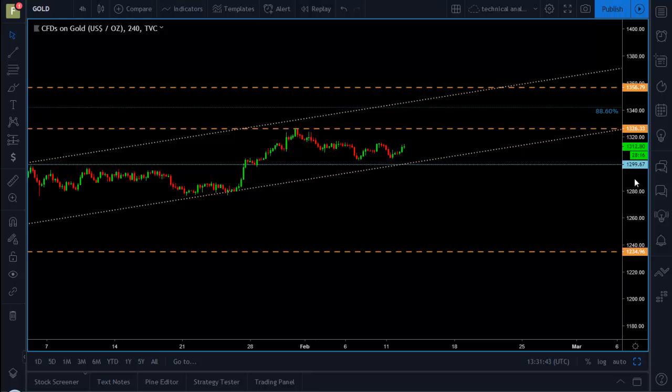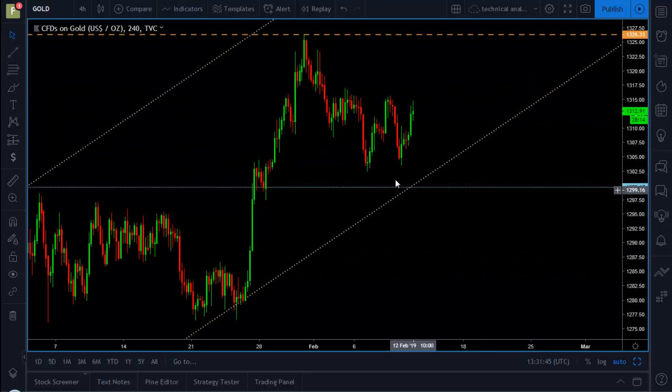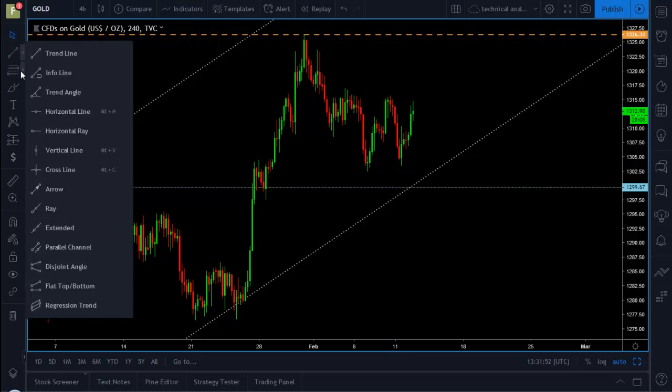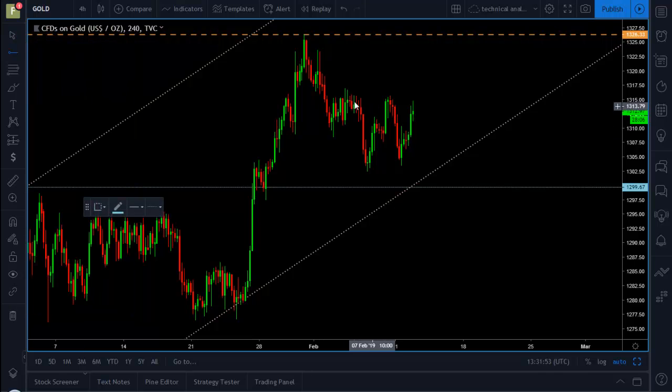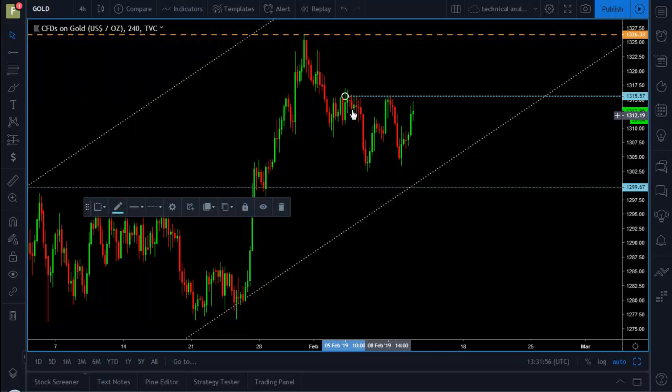All right. Now, to the upside, we are capped by the 1330 level, and right here, if you notice, let me just grab this ray. We are capped by the 1315 level.